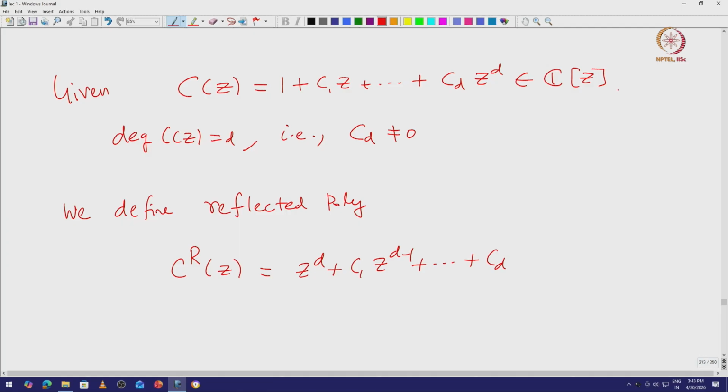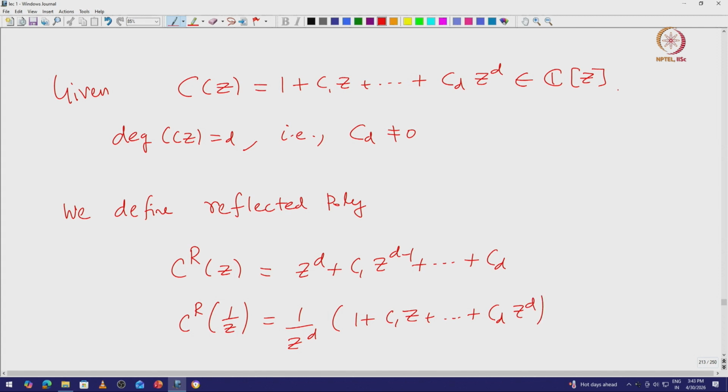So, what is the relation between the reflected polynomial and the given C of z? Note that when we take this C_r and substitute 1 divided by z, we get exactly 1 divided by z^d times (1 plus c_1 z plus etcetera plus c_d z^d).